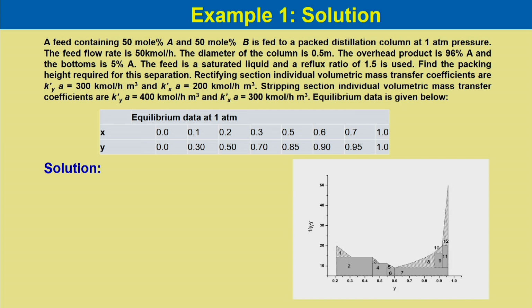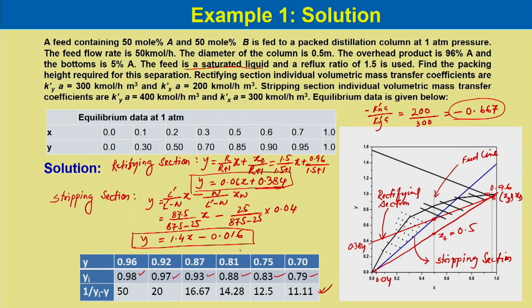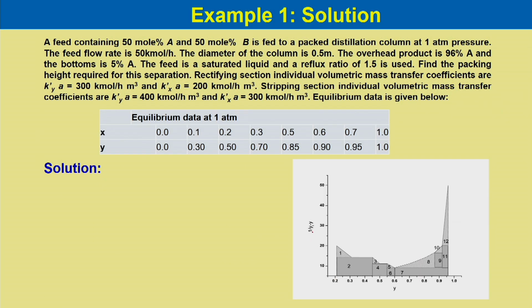If we take both tables which we have obtained earlier, this table for the stripping section and this table for the rectifying section, and plot 1/(yi - y) versus y, we will obtain this curve.